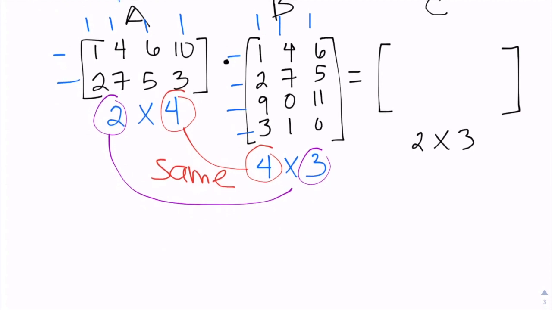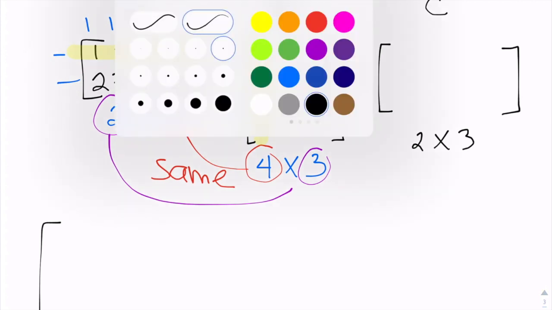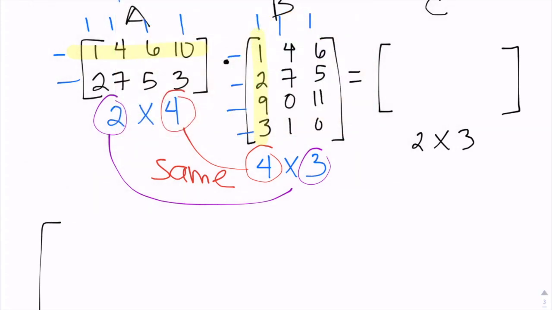So when we do this, I'm just going to draw some brackets, and we're going to start with row 1, column 1's element of matrix C. To find that, you're going to have to take row 1 of matrix A and multiply it by column 1 of matrix B. So we're going to start, and we're going to say, okay, this times this. 1 times 1 is 1.